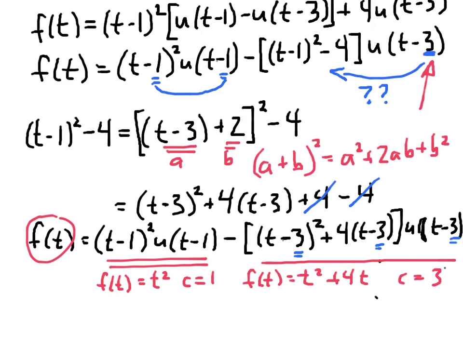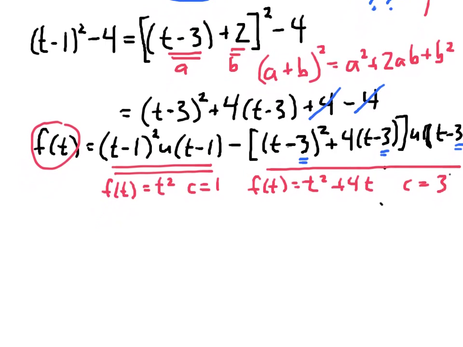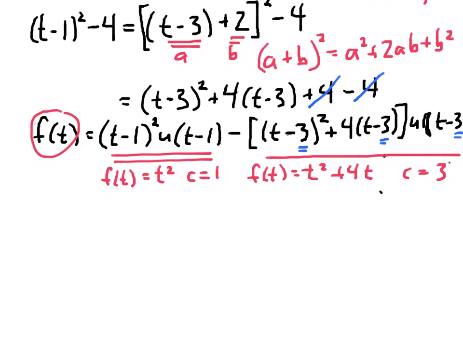So then, if we apply the Laplace transforms for those two parts, our Laplace transform of f of t for this first part, the Laplace transform of t squared, so our capital F of s for that part will be 2 over s cubed.